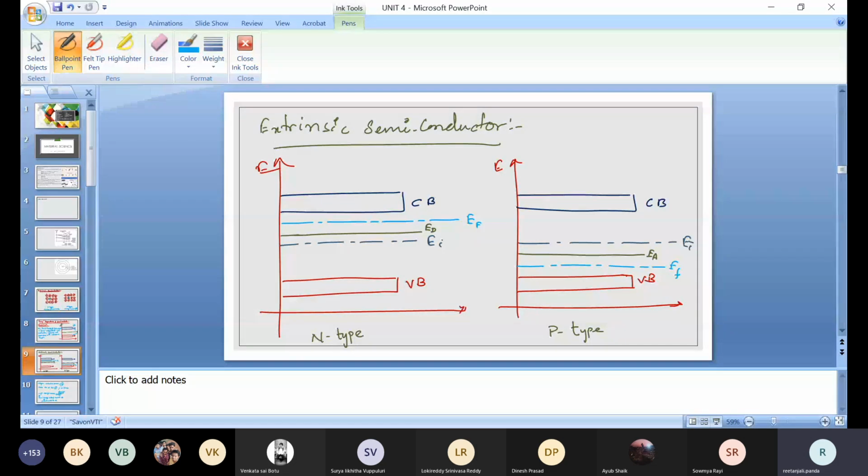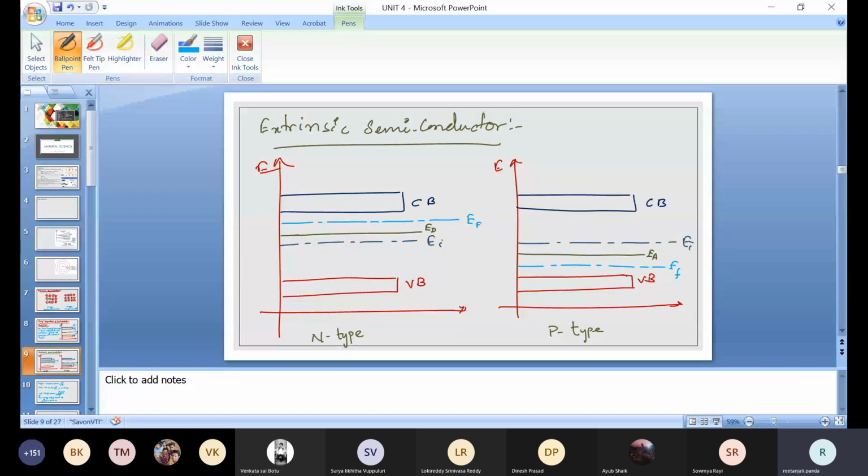But even though it declines, it will not cross above the intrinsic energy level. Why? Because the number of electrons is always more, which means more of the current is conducted by the electrons. That's why the energy will always lie nearer to the conduction band rather than the valence band.